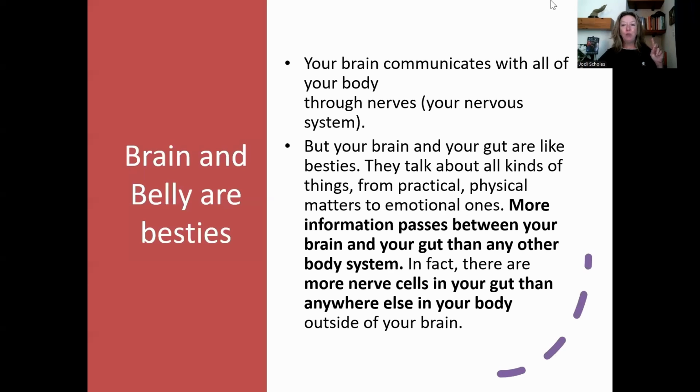Your brain communicates, of course, with your whole body through your nervous system. However, your brain and your belly are like best friends. They talk about all sorts of different things other than just if you're hungry. There are more nerve cells in your gut than anywhere else in your body other than your brain.